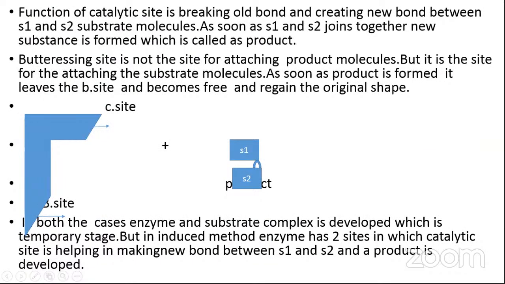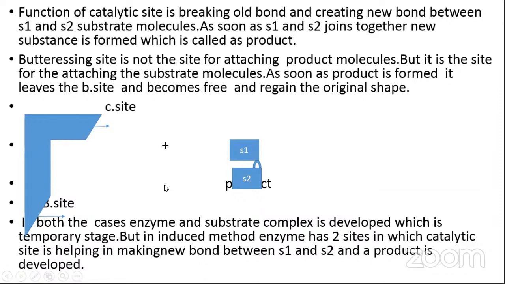And there are some differences between the lock and key theory and the induced fit theory. What are those differences? In both cases, an enzyme substrate complex is developed, which is a temporary stage. But in the induced fit theory, the enzyme has two sites, in which the catalytic site helps in making new bonds between S1 and S2, and a product is developed.